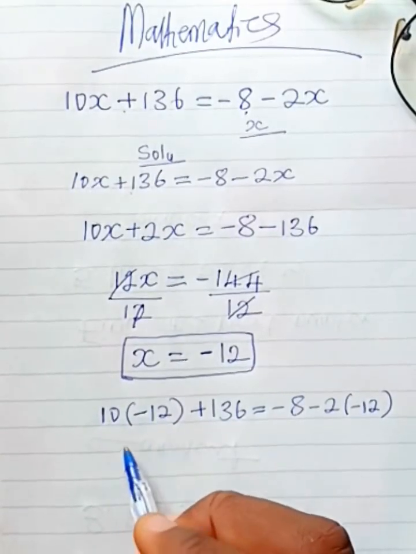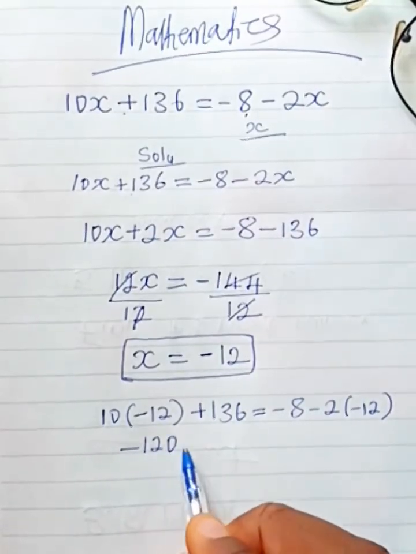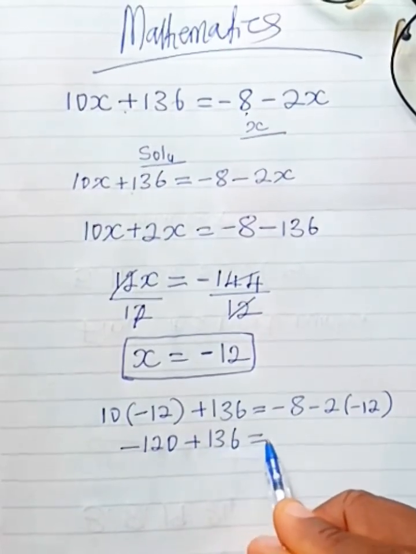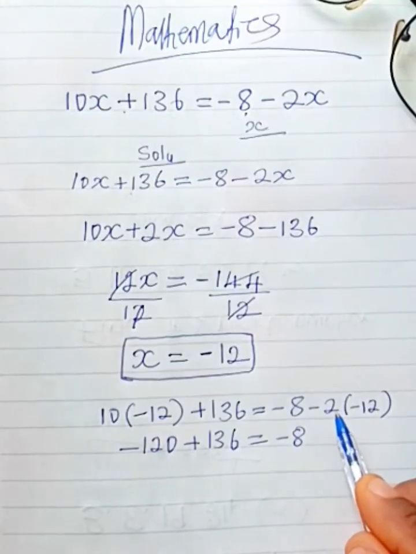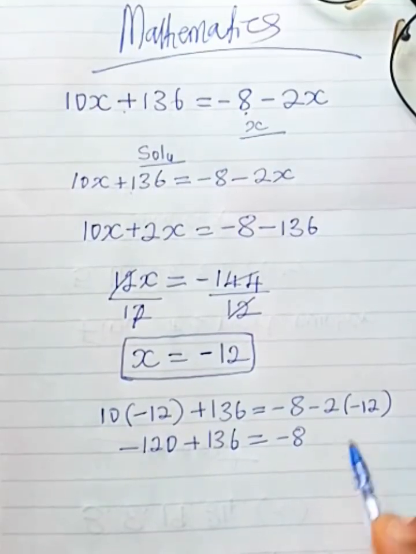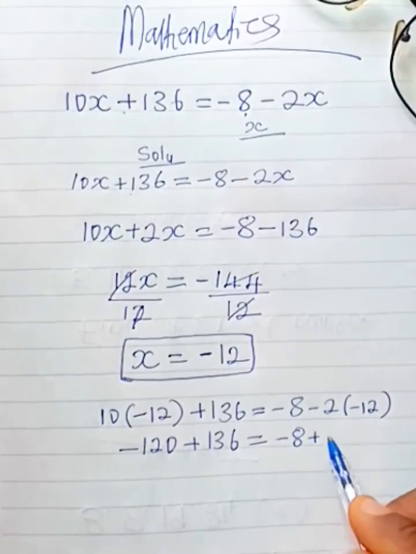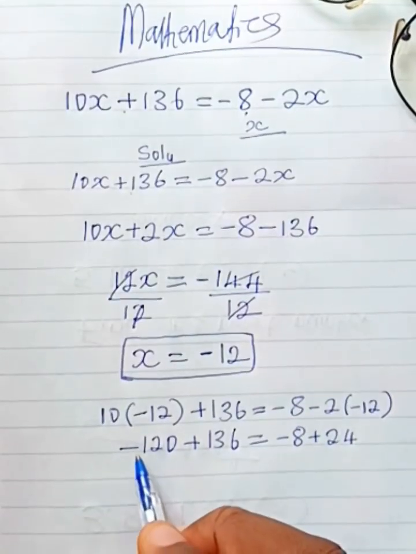10 times 12 is 120, so we have minus 120 plus 136 equals minus 8 minus 2 times minus 12. Minus times minus is plus. 2 times 12 is 24. All right.